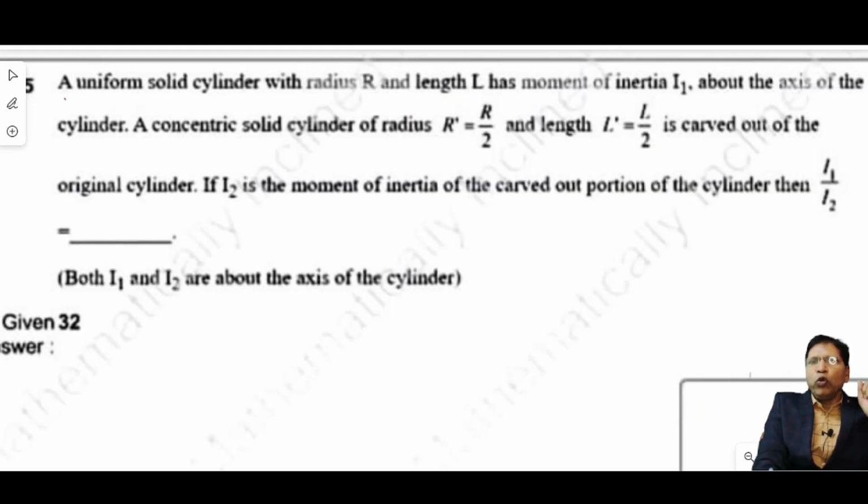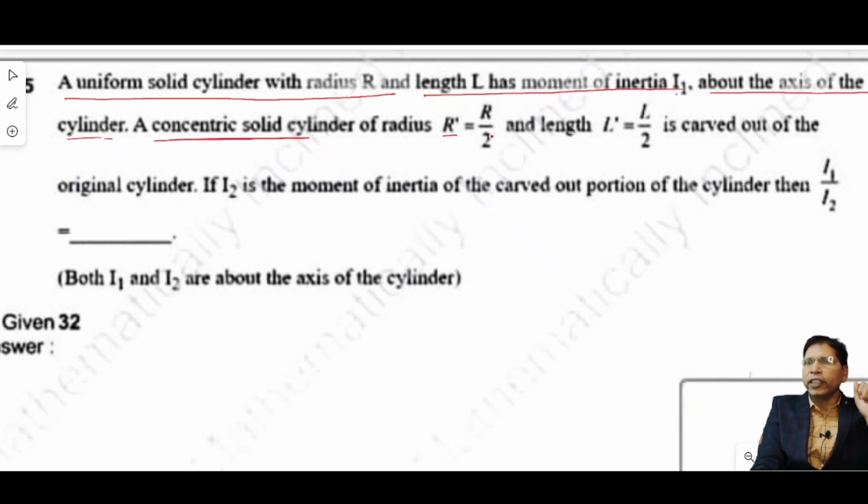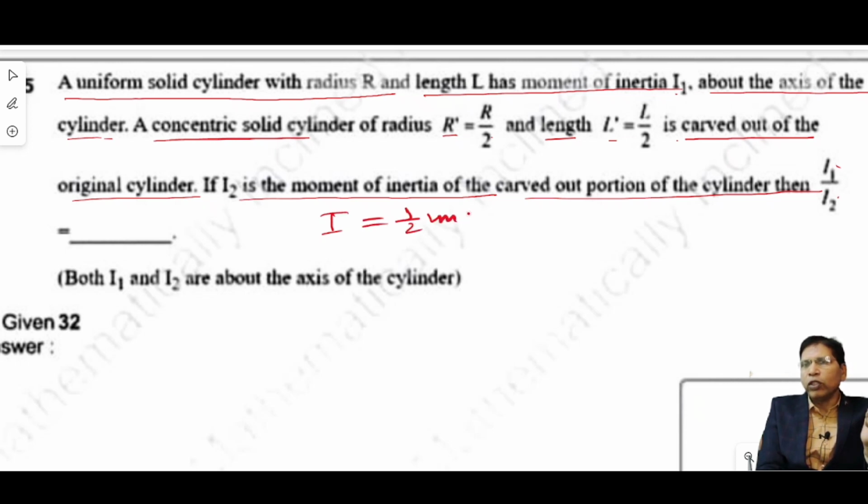Therefore, the increment of resistance is 44%. A uniform solid cylinder with radius r and length L has moment of inertia I1 about the axis of the cylinder. A concentric solid cylinder of radius r dash equals r by 2 and length L dash equals L by 2 is carved out of the original cylinder. I2 is the moment of inertia of the carved out portion, then find I1 by I2. Now I1 is half M R square.